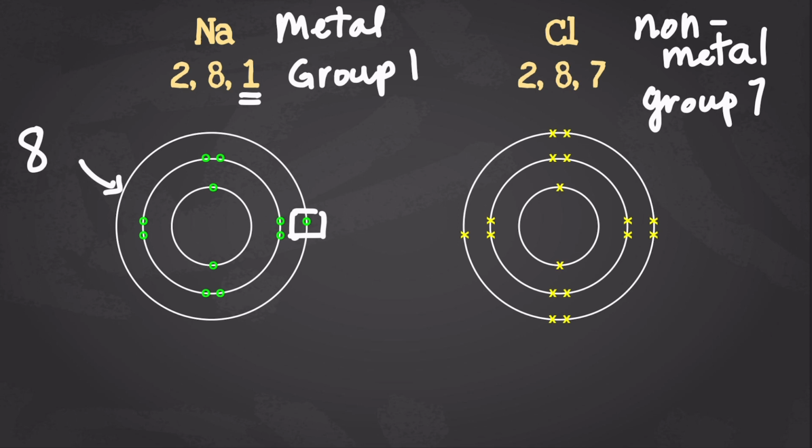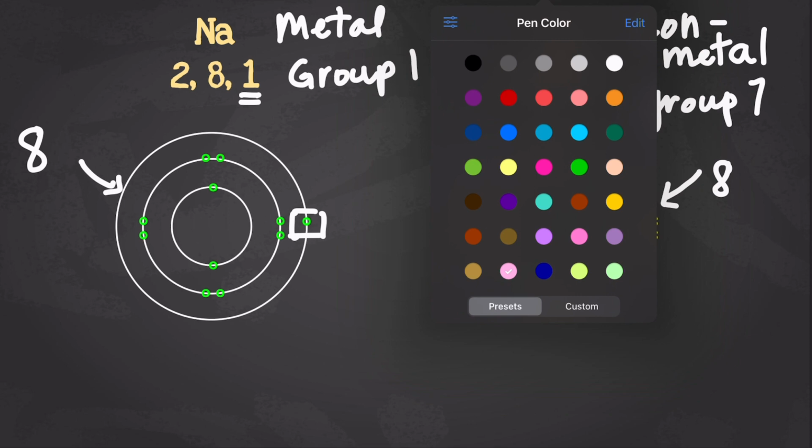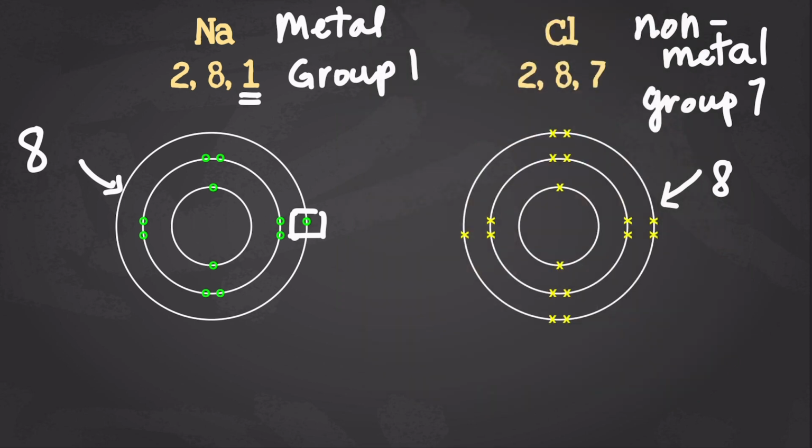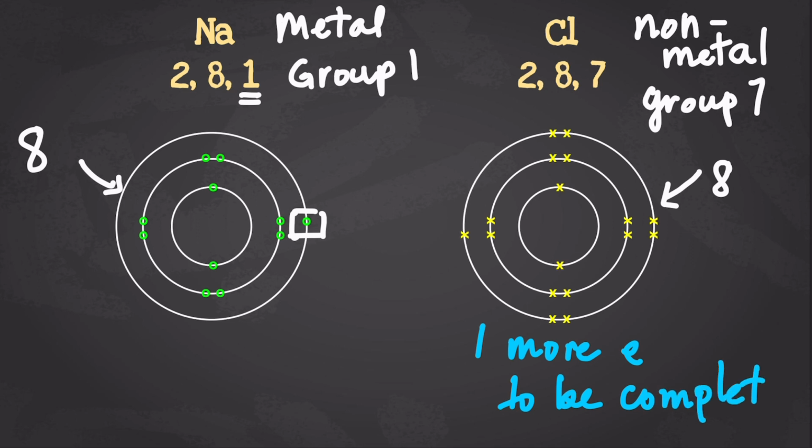While chlorine, remember, can take 8 in the third shell. It already has 7. And chlorine only needs how many more? Chlorine only needs one more electron to be complete, to have a full outer shell.